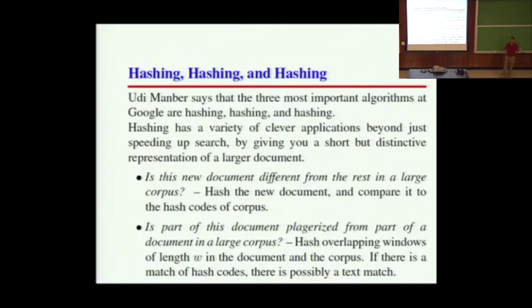But almost always, if you have a big enough space of hash codes, and the new page hashed to something that was already there, the only way it did that was by being the same page. And so by maintaining this, it can identify duplicates on the web very, very quickly.